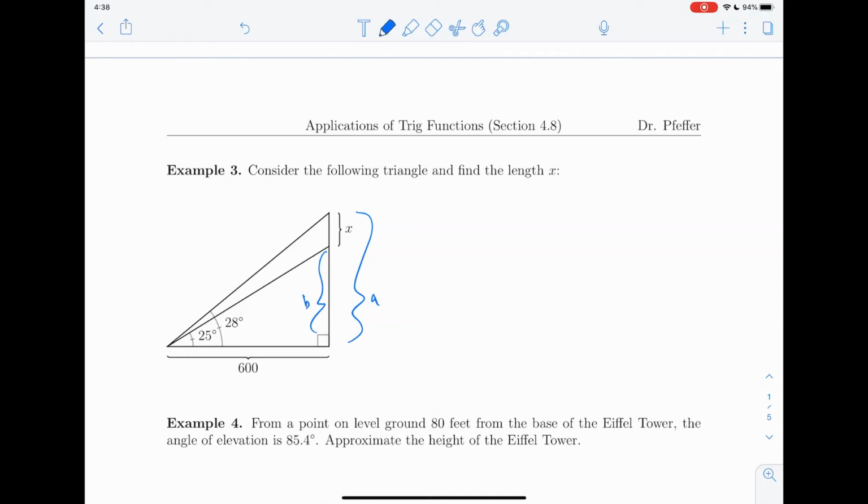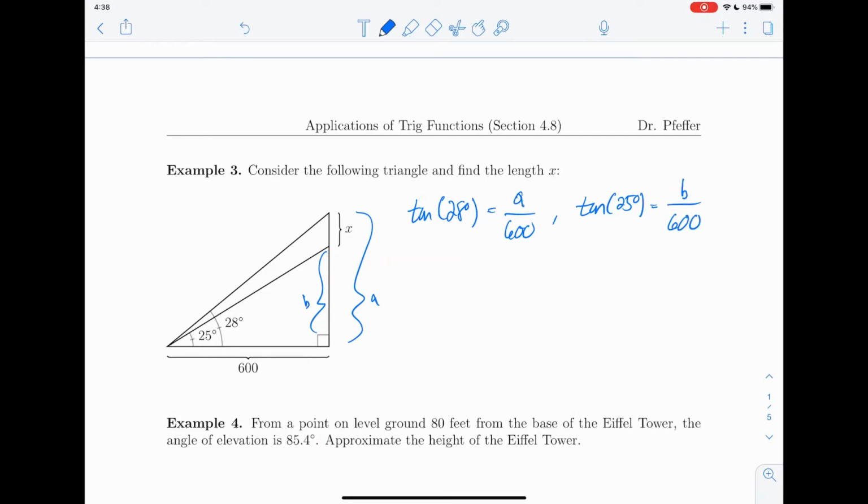With these intermediate variables, we end up with tangent of 28 degrees, which is the larger triangle, equal to opposite a over adjacent 600, as well as tangent of 25 degrees equal to its opposite b over its same adjacent 600.